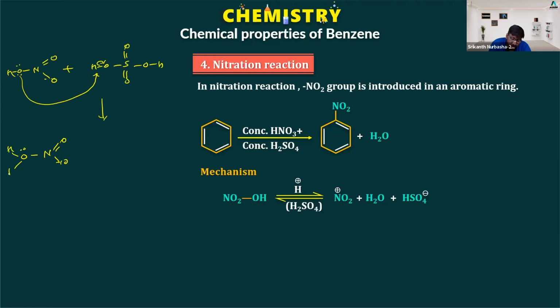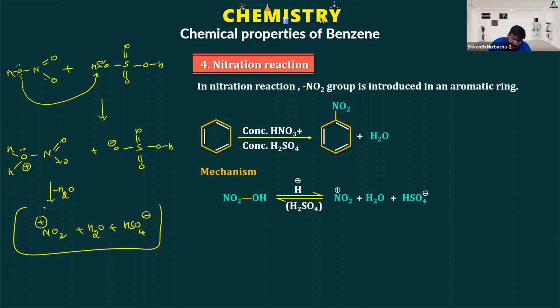Already one OH bond is there, another OH bond is formed. So oxygen has seen a net loss in electron density, so positive charge. And we have S=O, S=O, OH and O minus. Here this will undergo loss of water to form NO2 plus, and NO2 plus, H2O plus HSO4 minus.